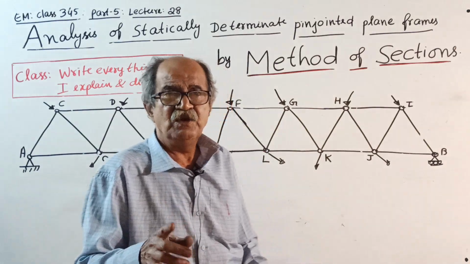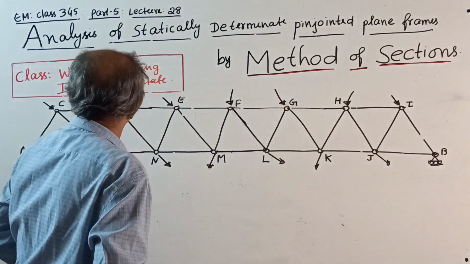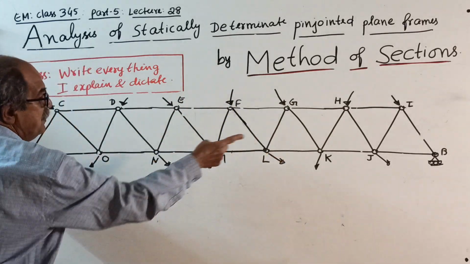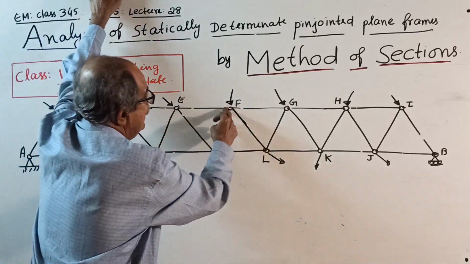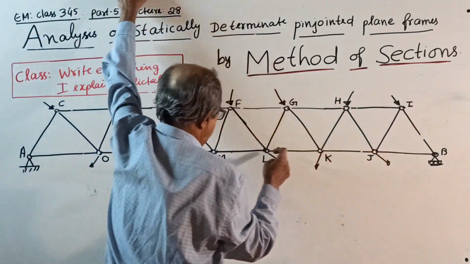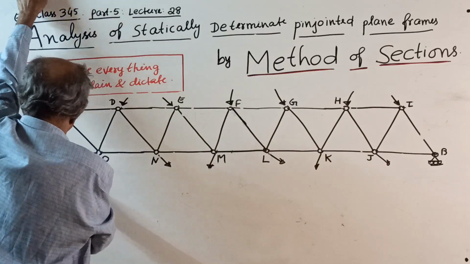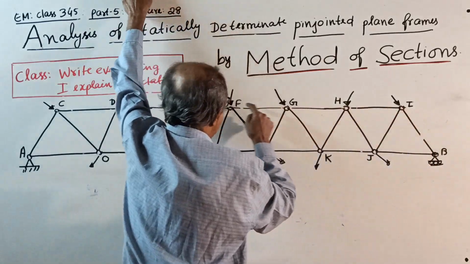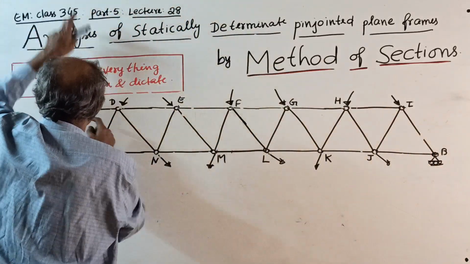Consider a pin-jointed plane frame given in the sketch, with joints A, B, C, D, E, F, G, H, I, J, K, L, M, N, O, numbered 1 to 15.